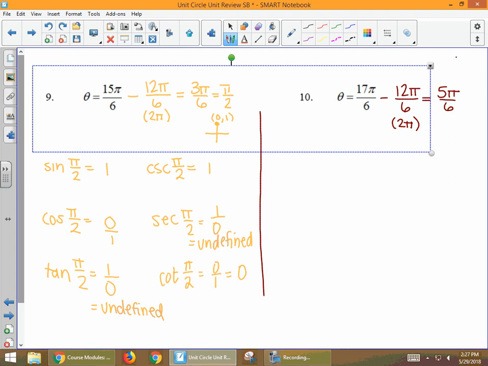5 pi over 6 is in quadrant 2, just a little less than pi. So that means cosine is going to be negative, sine is going to be positive.